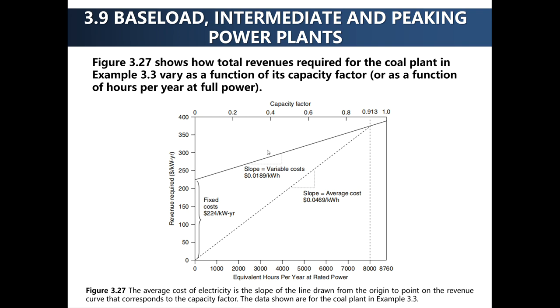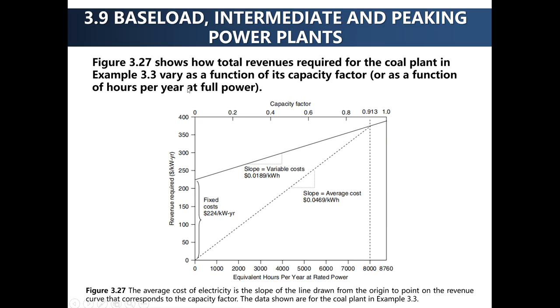Figure 3.7 shows the total revenue required by the coal power plant as a function of its capacity factor. As we can see, the x-axis shows the number of hours in a year.